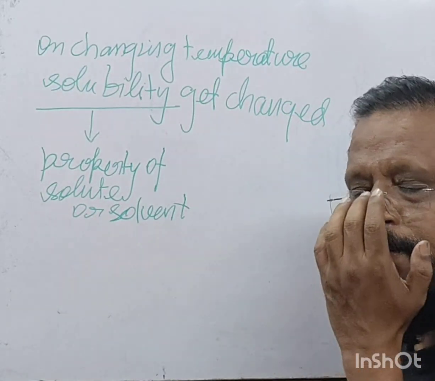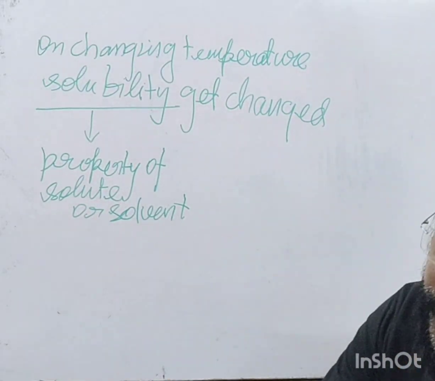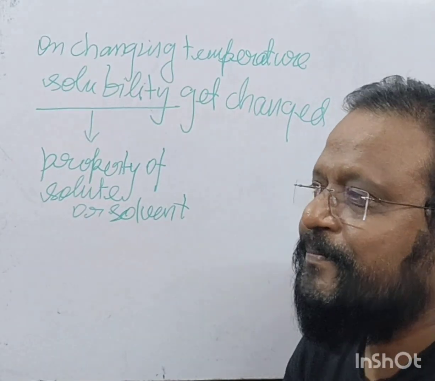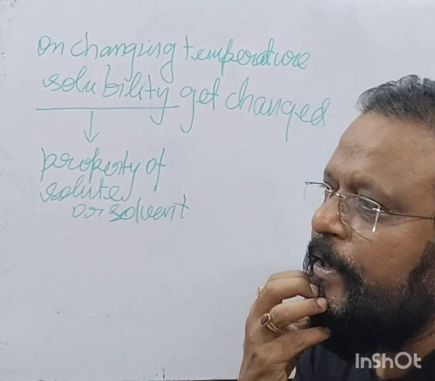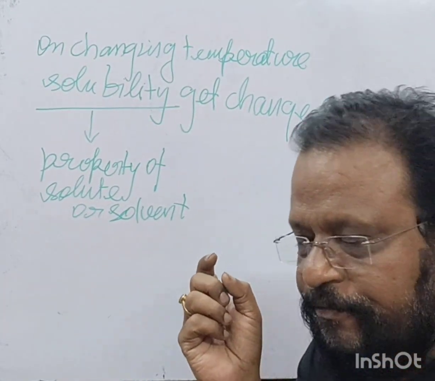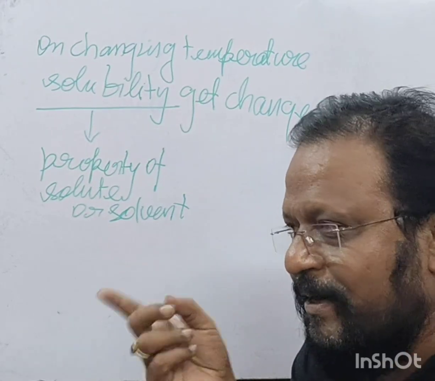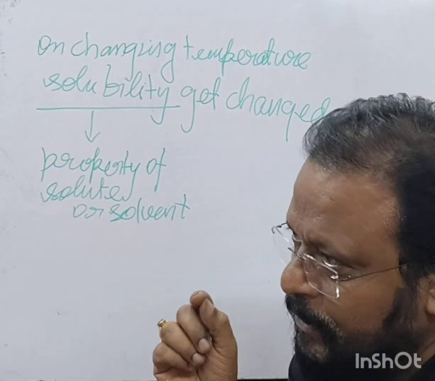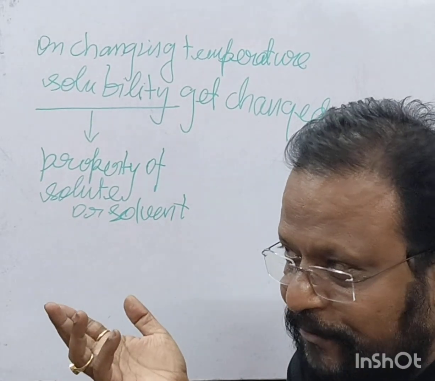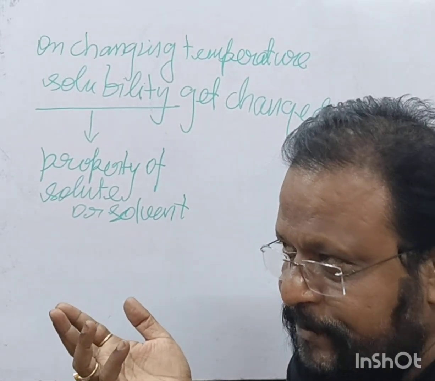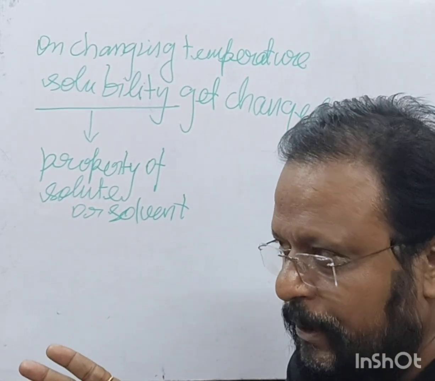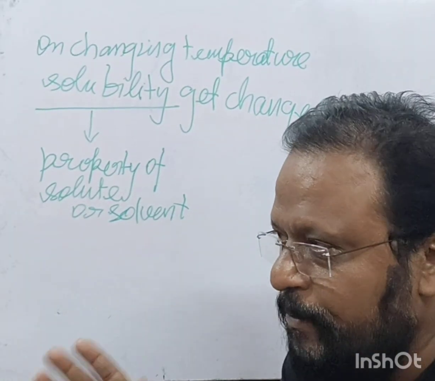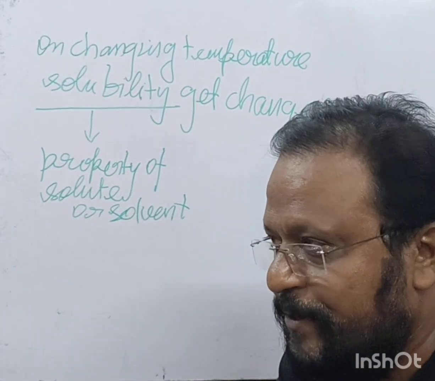By increasing the temperature of water, solubility increases. In 300 ml of water, you put 5 teaspoons of sugar, and it gets dissolved. But if you put 6 teaspoons, it will not get dissolved. It means at that particular temperature, your 300 ml of water is saturated.